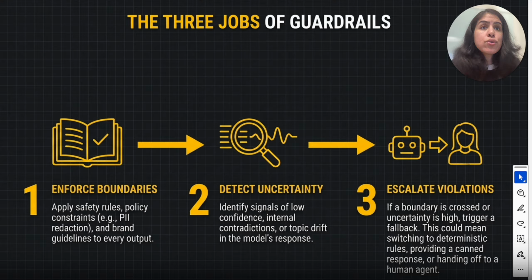Third is to escalate when violations occur. Switch to retrieval, run a more reliable model, fall back to a deterministic rule, or hand it off to a human review. Guardrails protect users, protect systems, and ensure that the next step is always safe.